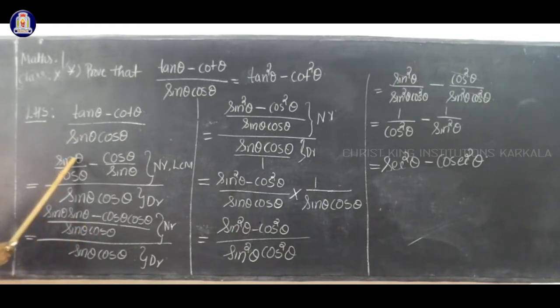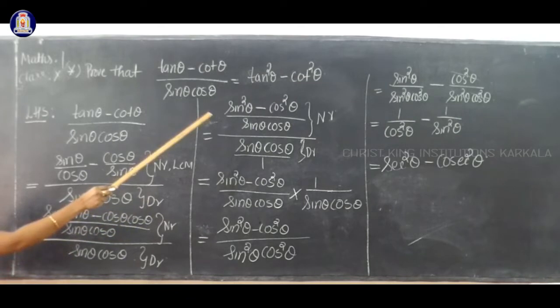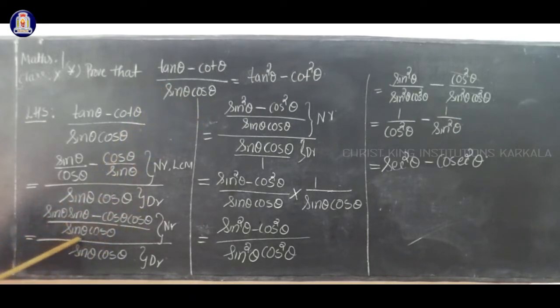Sin theta into sin theta minus sin theta, assume sin theta cancel, cos theta into cos theta, and denominator as it is. Now sin theta into sin theta is sin square theta minus cos into cos is cos square theta, divided by sin theta into cos theta, sin theta into cos theta.